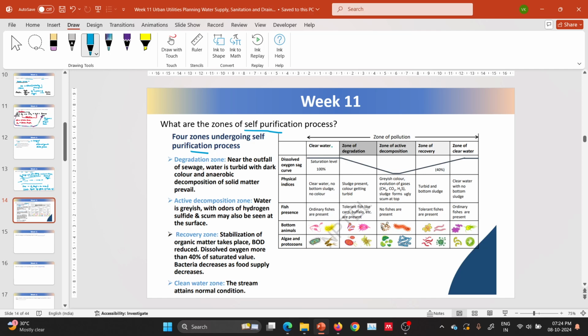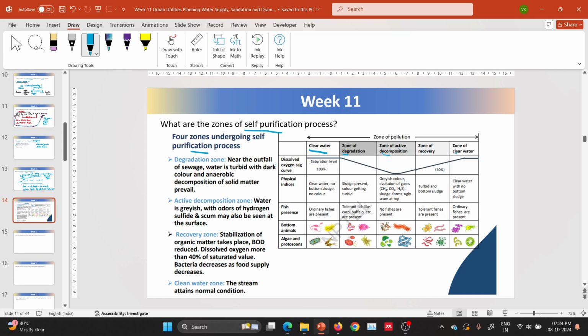First, the clear water zone where there is no discharge of sewage. When we discharge the sewage, degradation happens, then active decomposition happens, and then recovery. Zone of recovery means the recovery of oxygen. The oxygen is getting recovered, and then the zone of clear water.